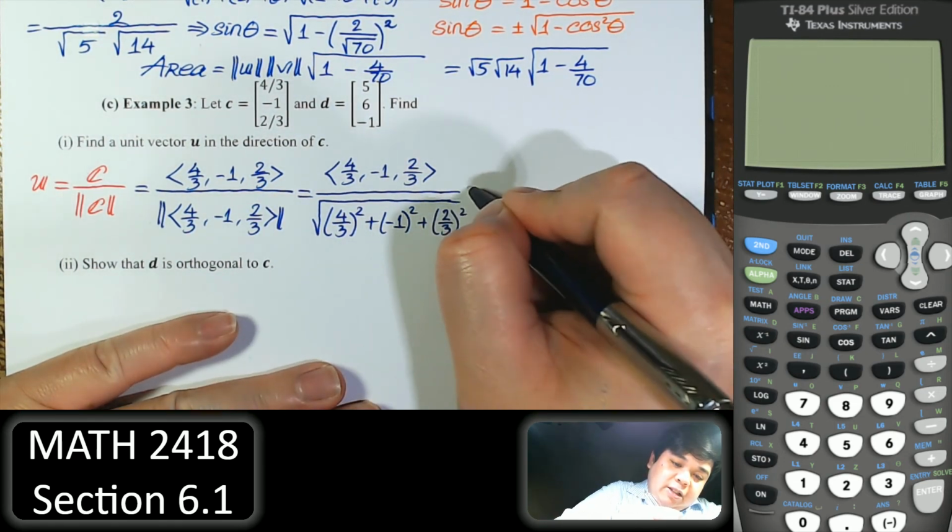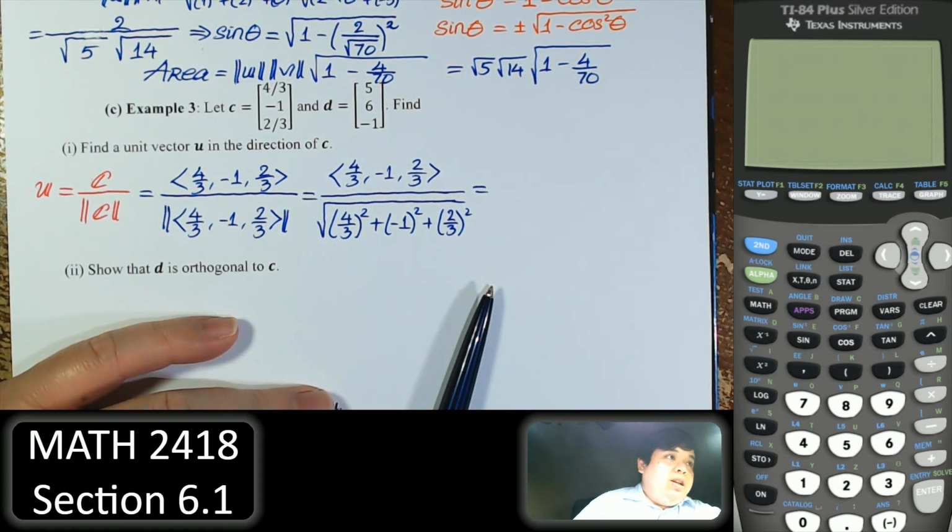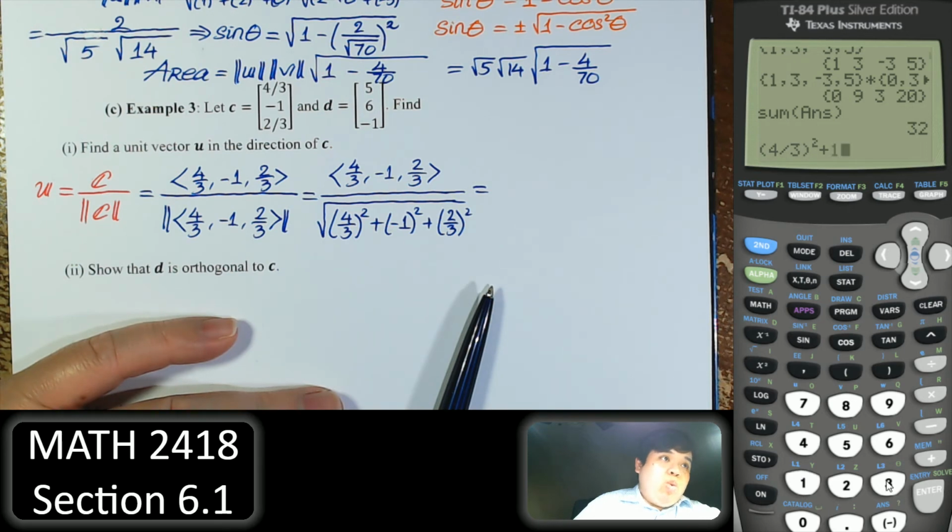And that gives us (4/3) squared plus (-1) squared, or just 1, plus (2/3) squared. Make sure you put them in parentheses because the square applies to the whole thing.